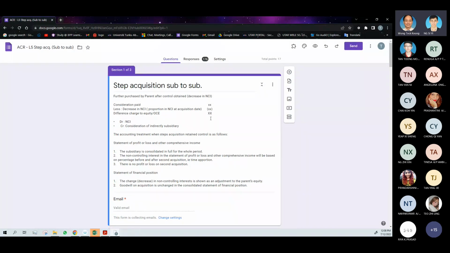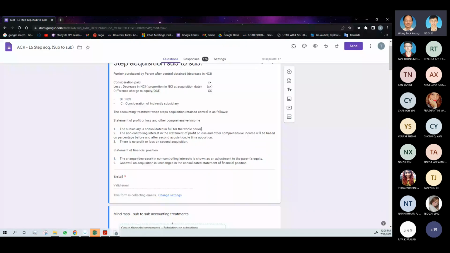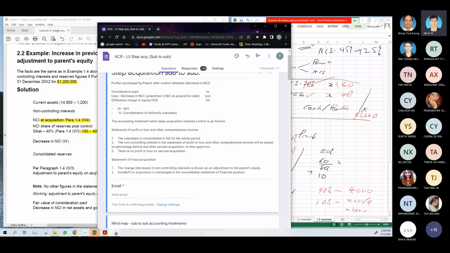In the P&L, you have to do the full consolidation because it's still your subsidiary, whether 50% or 99%. So NCI and OCI are based on the percentage after and before acquisition.